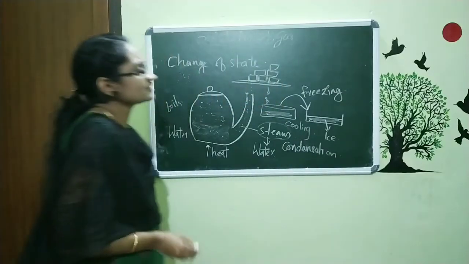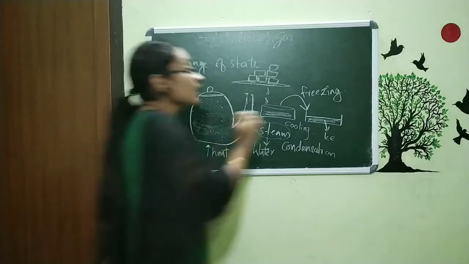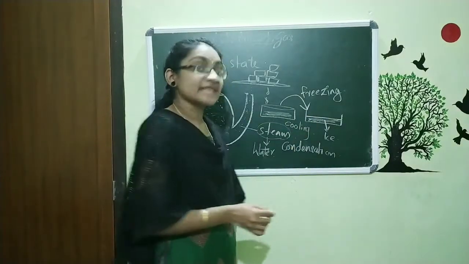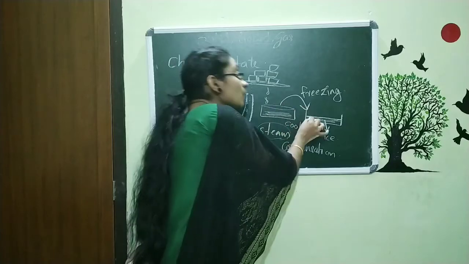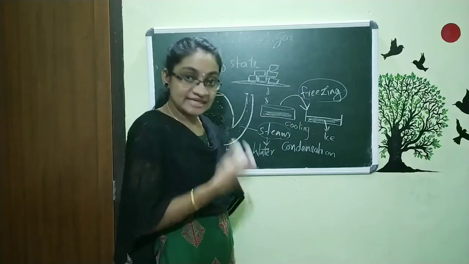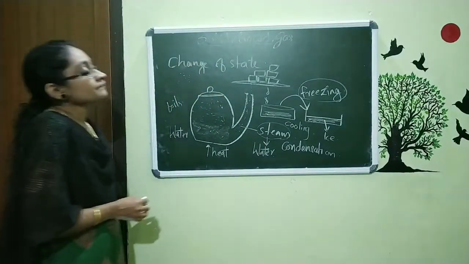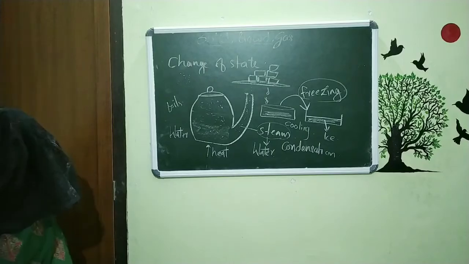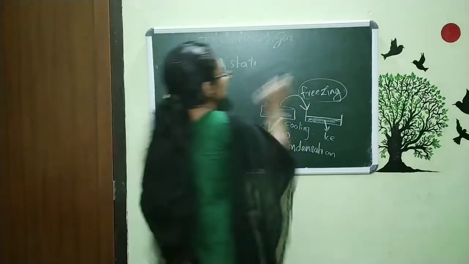Freezing. So what is this freezing? Freezing is the process of conversion of water to ice. Or we can say the process of conversion of liquid to solid by cooling that mixture or substance is called freezing. So that is about the freezing. So in this area we explained four terms.